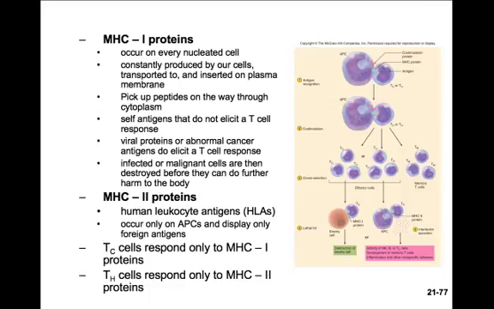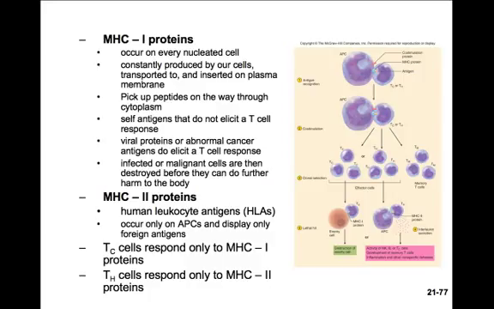MHC2 proteins occur only in antigen-presenting cells, and they display only foreign antigens. So MHC1 proteins could display either self or foreign antigens on their surface, whereas MHC2 proteins will only display foreign stuff.